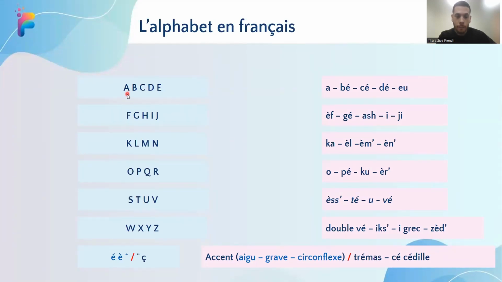Starting with A, B, C, D, E, F, G, H, I, J, K, L, M, N, O, P, Q, R, S, T, U, V, W, X, Y, Z. And for the characters here, é, è, ç, ê, ë, and that's it for today.